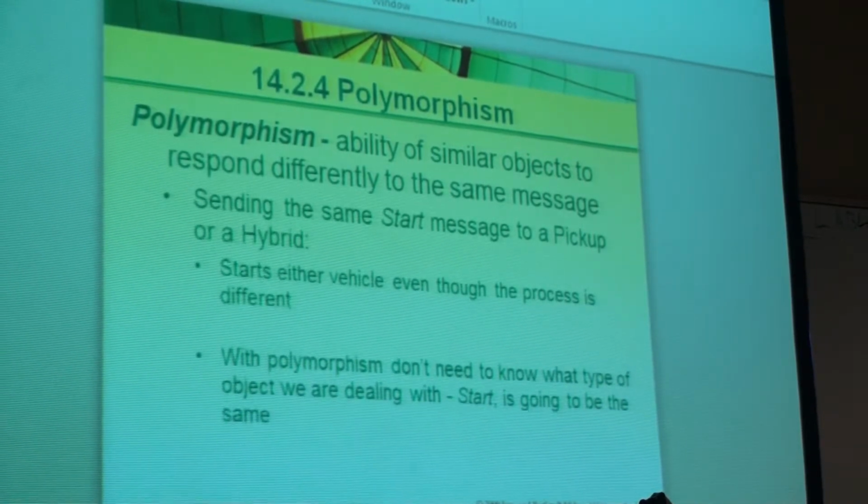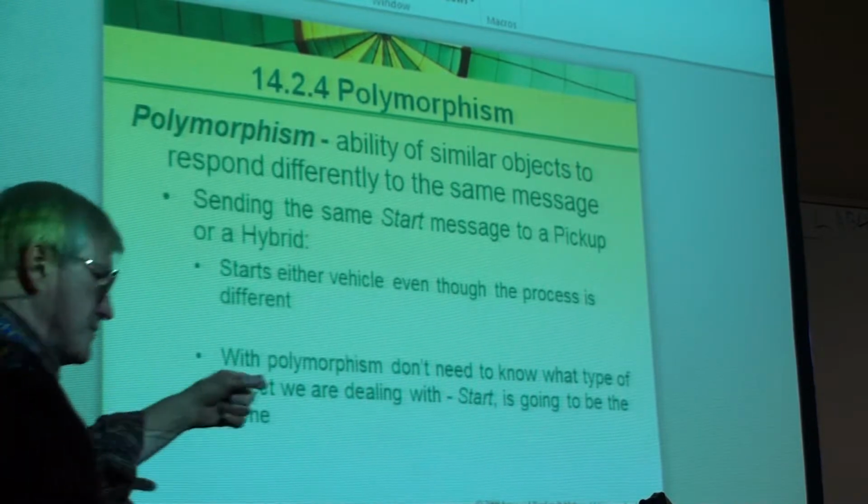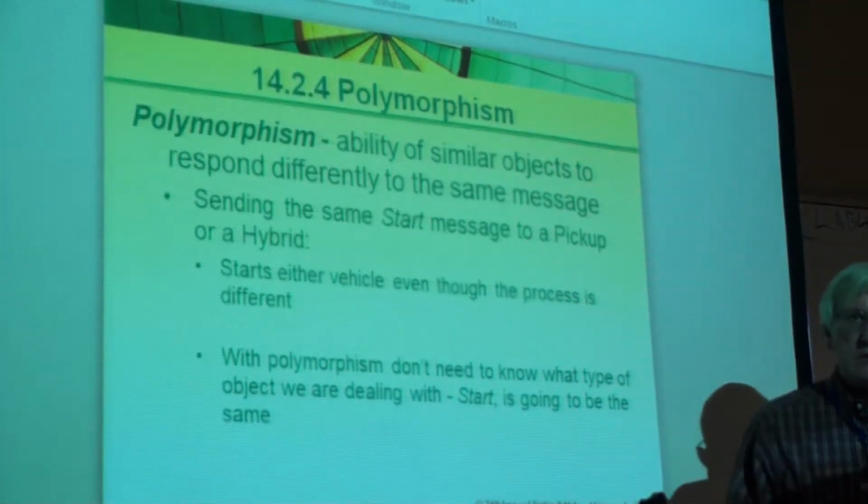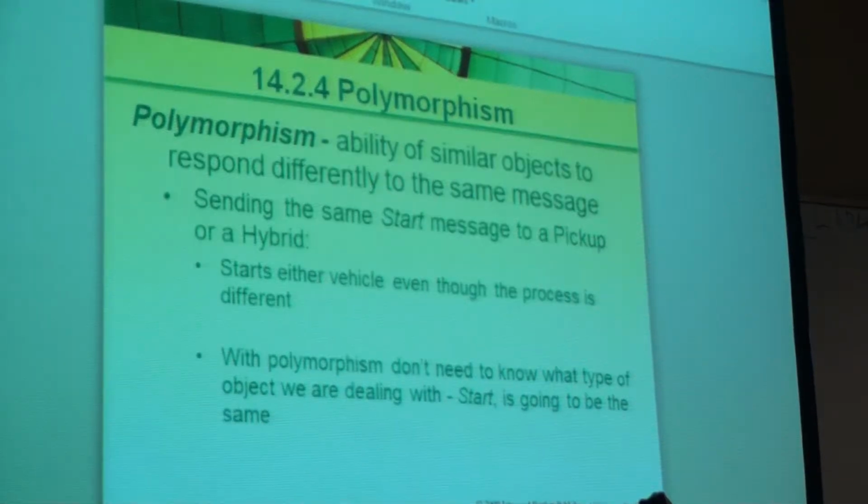Let's go back and talk about polymorphism. Ability of similar objects to respond differently to the same message. So, objects: Webster the dog, Annie the dog. Bark, or heel. Similar objects, instantiations of class dog.